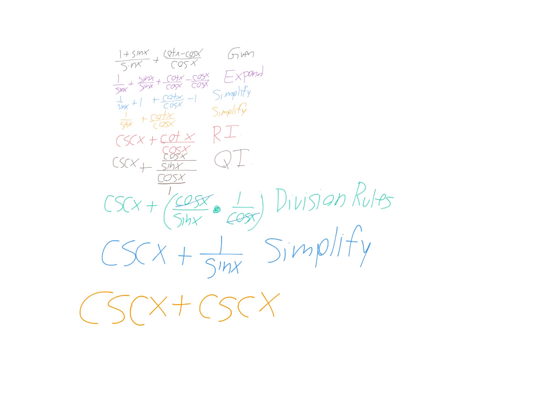Again, that's going to be my reciprocal identity. Cosecant of x plus cosecant of x, that's just 2 cosecant of x. Simplified. So I took my giant fractional bit and simplified that down to 2 cosecant of x.